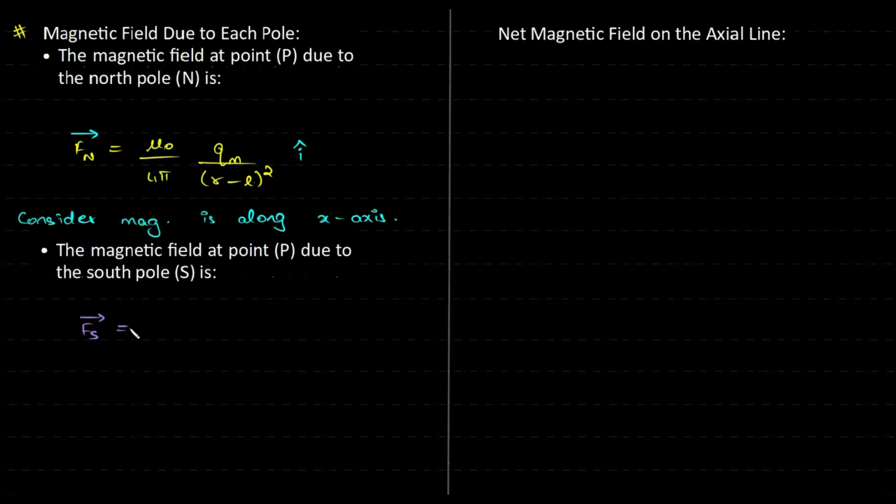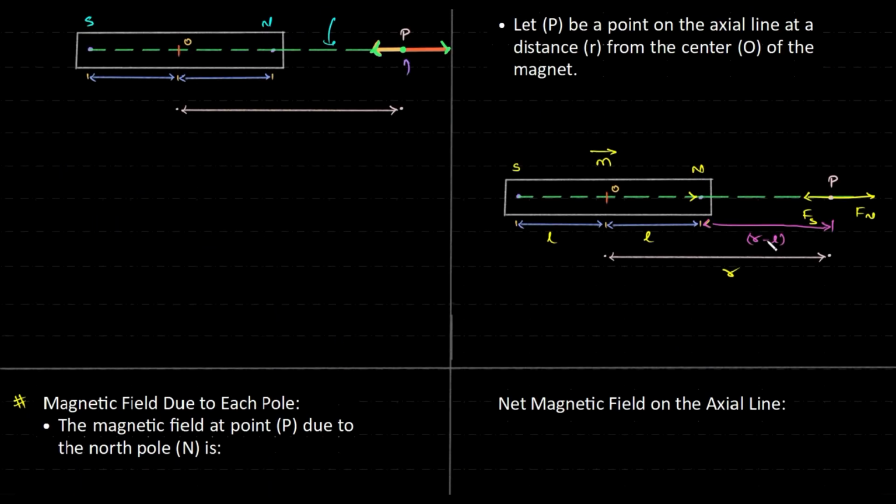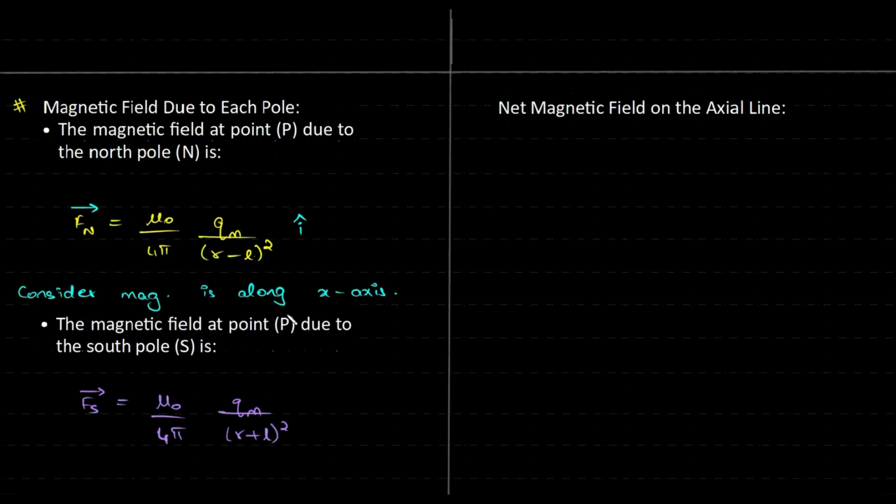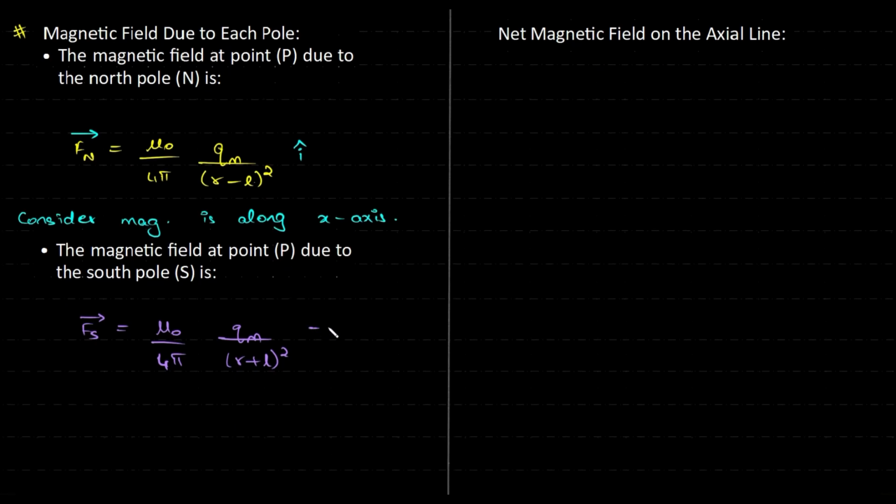Next we have the south pole's force, equal to mu naught by 4 pi, qm by r plus L the whole square, since it is L units further. And this will be in the negative direction.